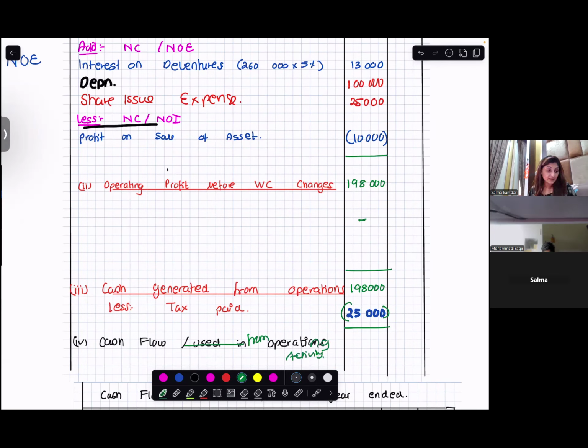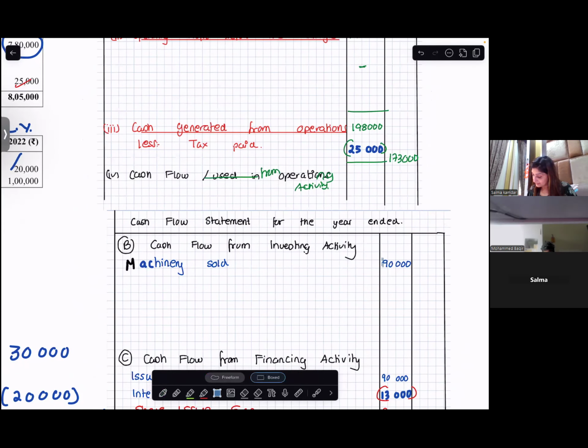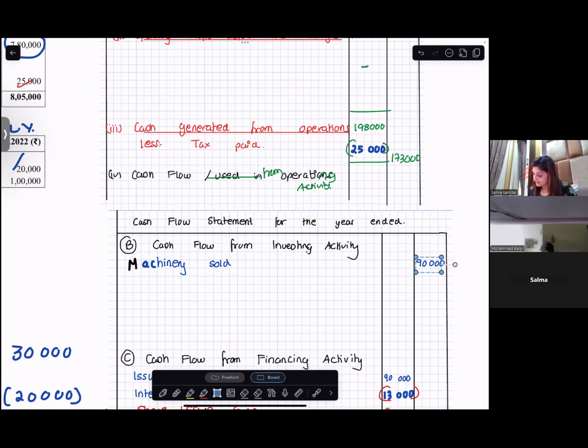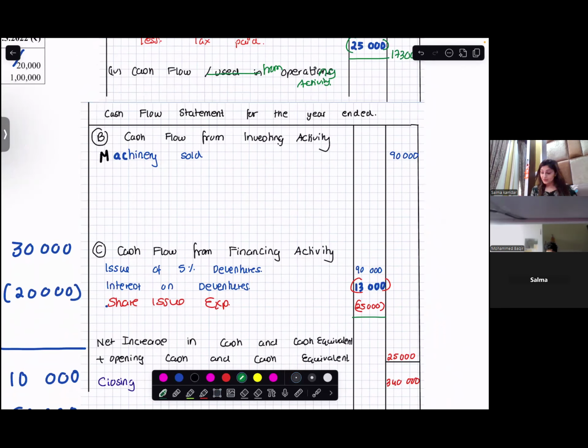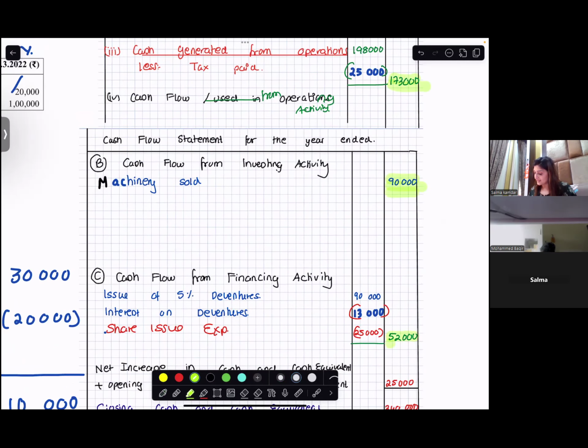Investing activity is only one, so I write it in the outer column. Financing activity is 3. So I will do 90,000 minus 13,000 minus 25,000. I get 52,000. Now I have operating activity, investing activity, and financing activity.